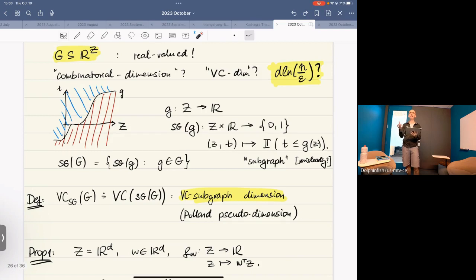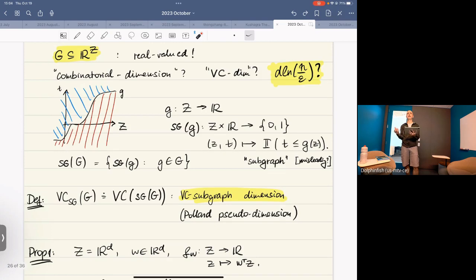For binary valued classes, we had the concept of VC dimension. And if you want to talk about real valued functions, maybe it makes sense just to view them in one higher dimension as creating binary valued functions.